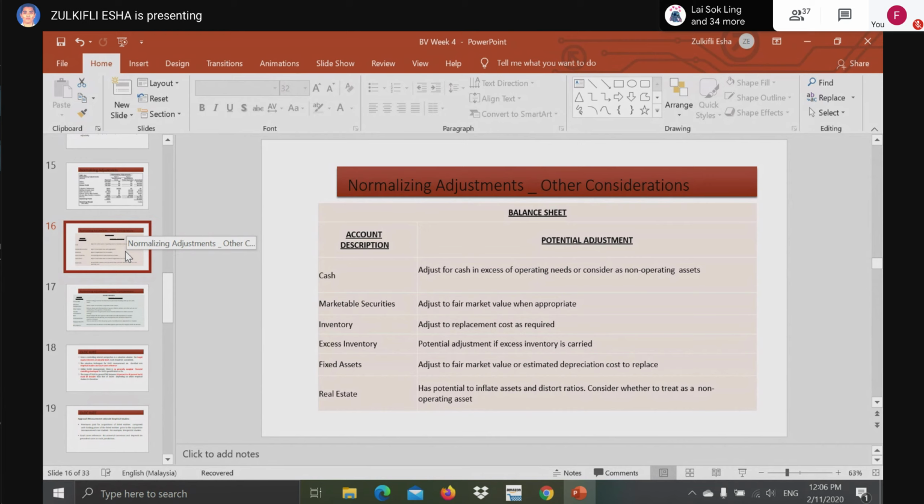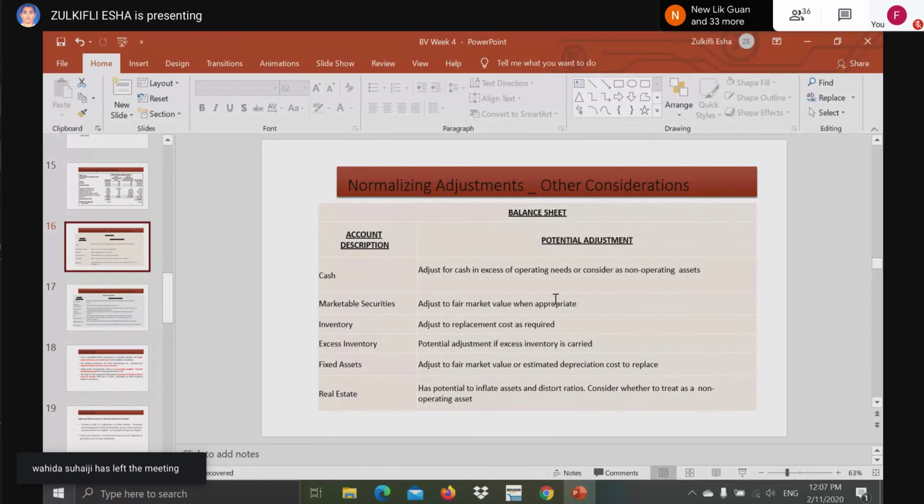For instance, cash. For cash, you may need to do some normalizing adjustment when you do the CSA on your balance sheet and then compare the CSA for your company with the CSAs of other companies within the same industry. As far as cash is concerned, maybe you need to adjust cash in excess of operating needs or consider it as a non-operating asset.